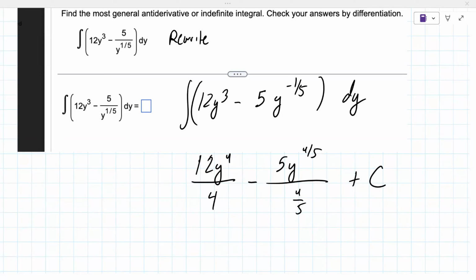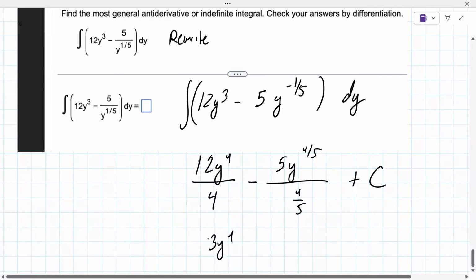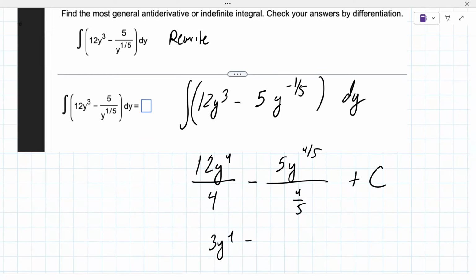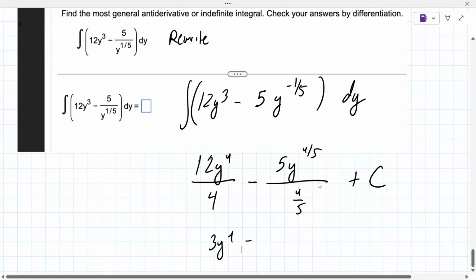So would it be 3y to the 4th minus 5 times 5/4 y to the 4/5? Hold on, because at some point you've got to multiply the 5 and the 5/4.